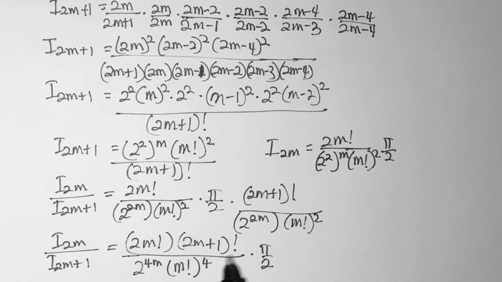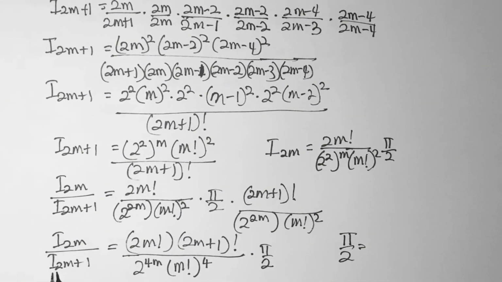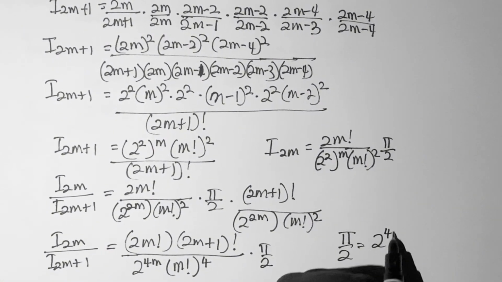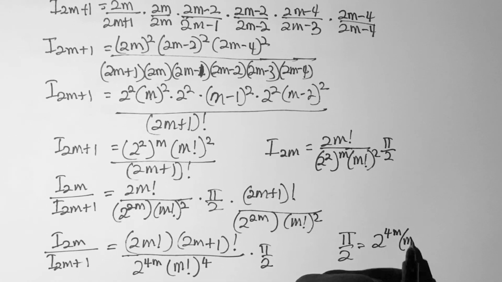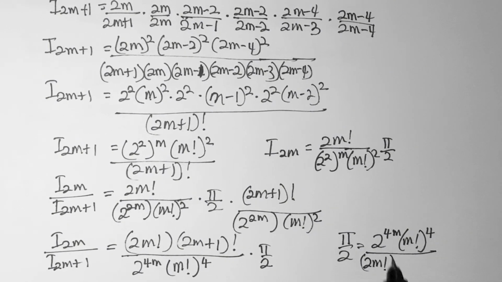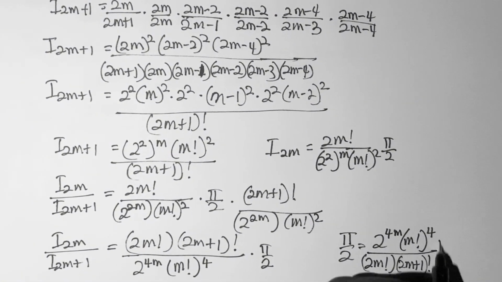Now let's make pi over 2 the subject. If we make pi over 2 the subject, we find out that we need to invert this and multiply by I of 2m divided by I of 2m plus 1. So this is equal to 2 exponent 4m, then times m factorial all exponent 4 divided by 2m factorial, then times 2m plus 1 factorial, then I of 2m divided by I of 2m plus 1.